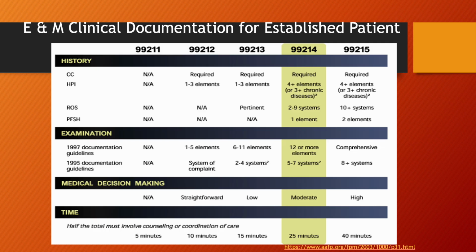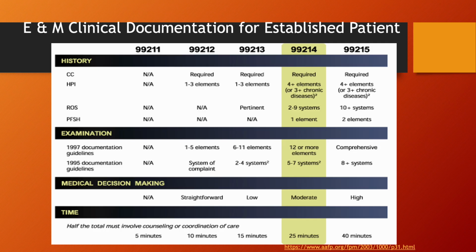Your review of systems and your past, family, and social history are not necessarily required. But when you go down to your examination, look at how many elements you need to have in your exam. Then you go down to medical decision making, which is considered straightforward, and your time is about 10 minutes. So that's a 99212.